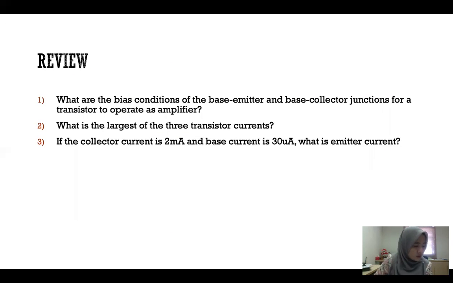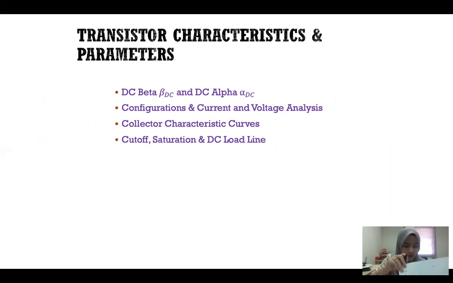Here are some questions that I think you can answer based on the previous slide. Make sure that you are able to answer these questions. Now let's go to the transistor characteristics and parameters.